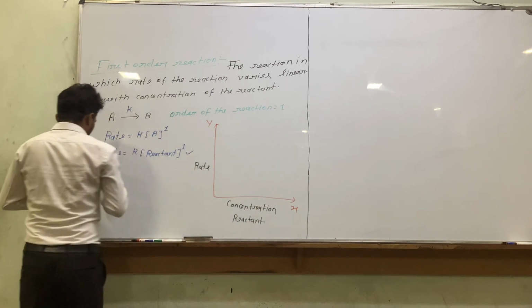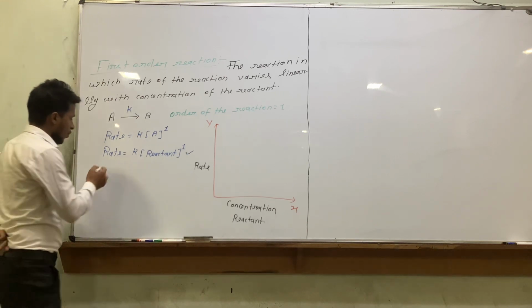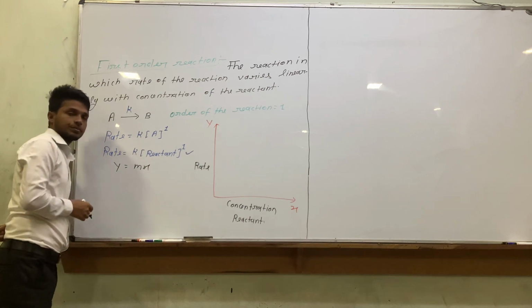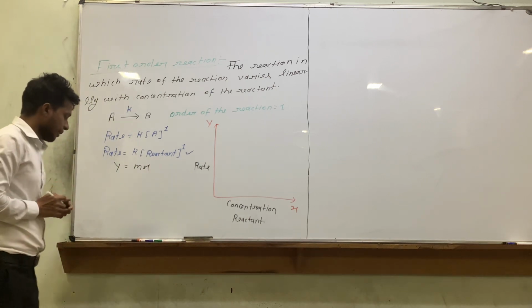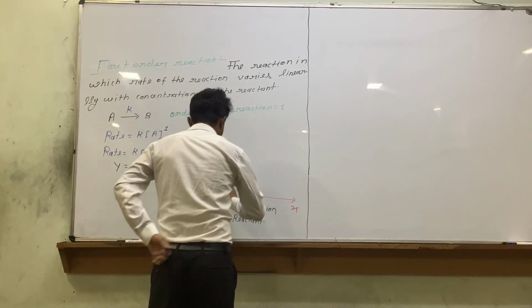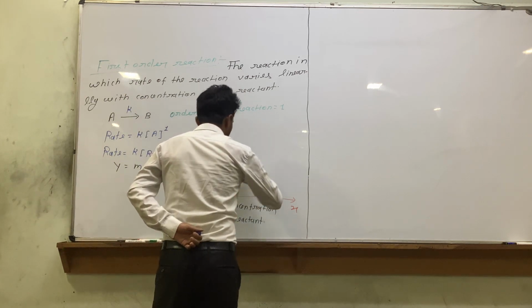We know the nature of the curve y is equal to mx, so it is definitely going to be a straight line passing through the origin. It is something like this.